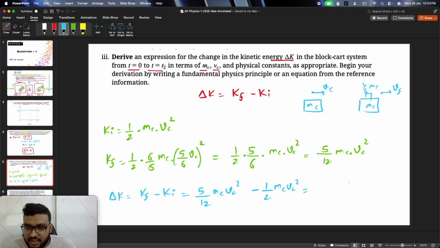The LCM is going to be 12, so I'll have 5 minus 6 over 12 mc vc squared. So finally I get my answer as minus 1/12 mc vc squared. Okay, this is going to be my final change in kinetic energy.